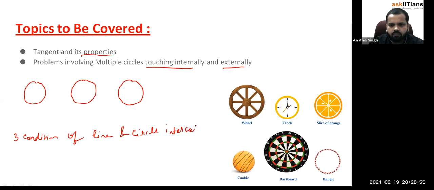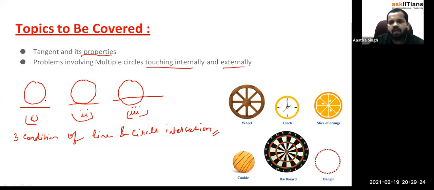A line can be there which does not pass through the circle. A line can be there which just touches the circle. A line can be there which intersects the circle at 2 points. So this can be case one, this case two, this case three.